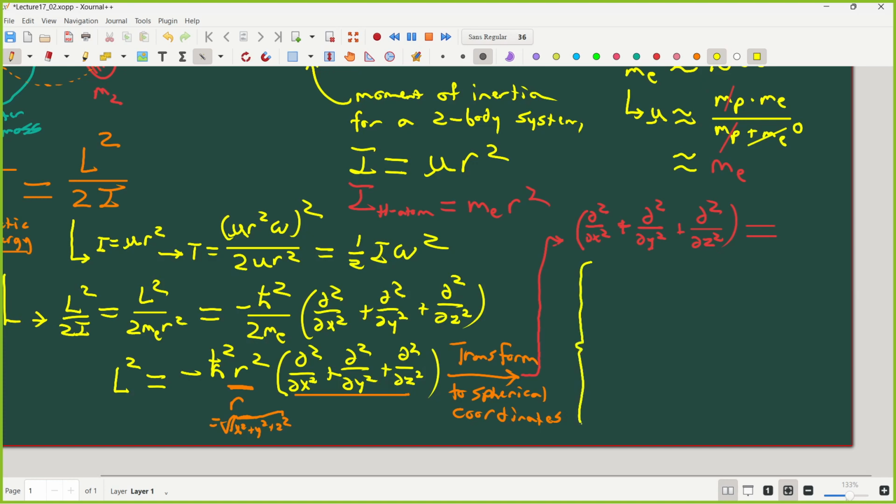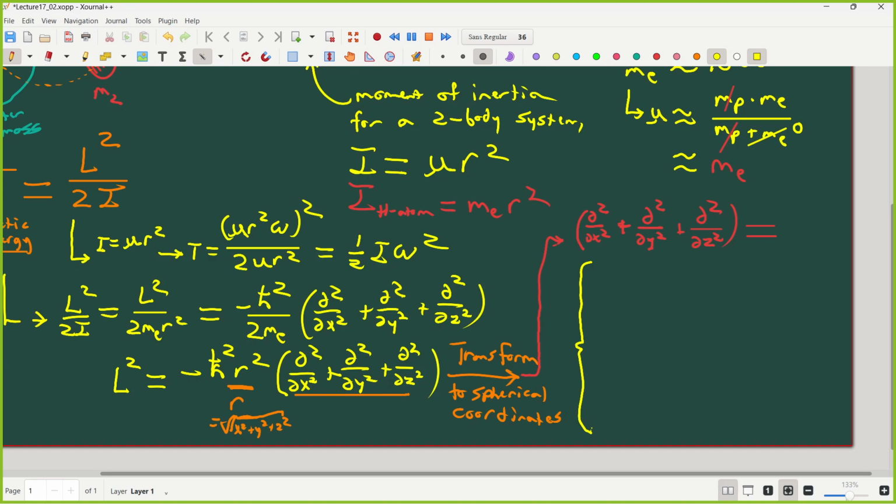Just like in Cartesian coordinates, where we have three terms, one in x, one in y, and one in z, we're going to have one that's dependent on the derivative of r, one dependent on the derivative of theta, and one dependent on the derivative of phi, the two angles and the radius. So we'll have three terms still, but because of the chain rule, they start to look a little ugly.